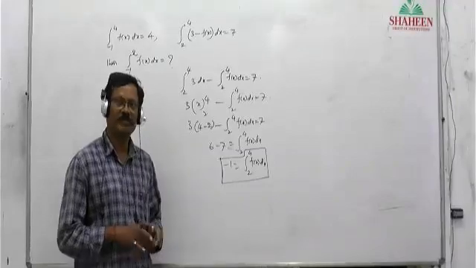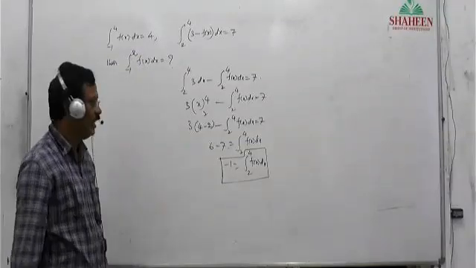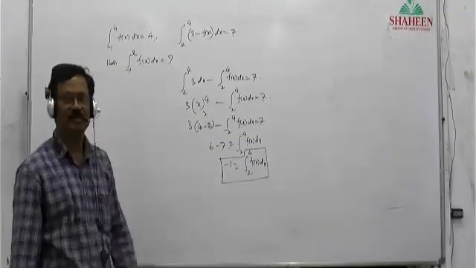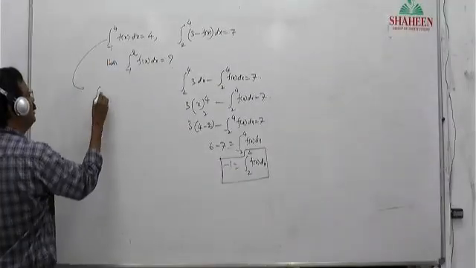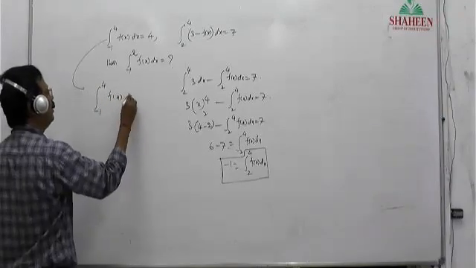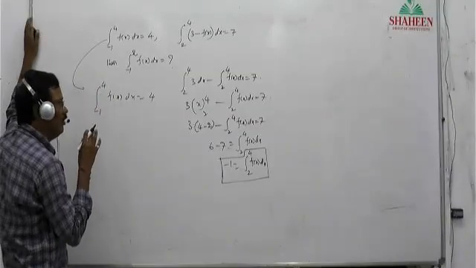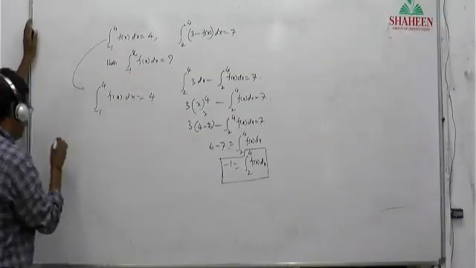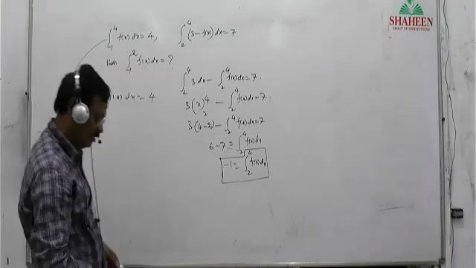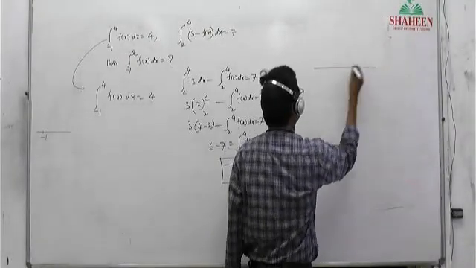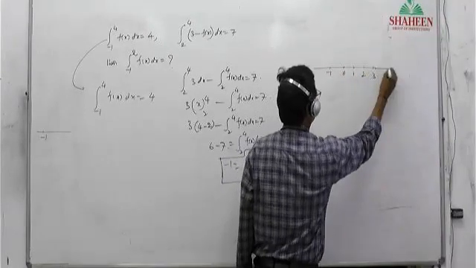Okay, able to follow all of you? Now, but what are they asking? Minus 1 to 2 of f(x). It is not minus 1 to 2 f(x) yet. Now, let us use this one, the integral minus 1 to 4 of f(x) dx is equal to 4. Right, between minus 1 and 4, is the number 2 there? See that? This is a minus 1, 0, 1, 2, 3, 4.